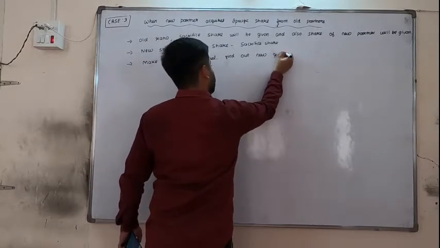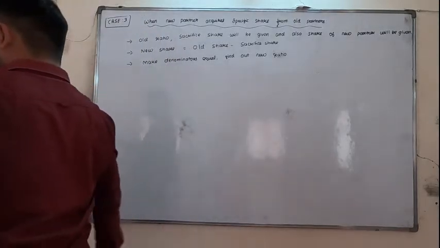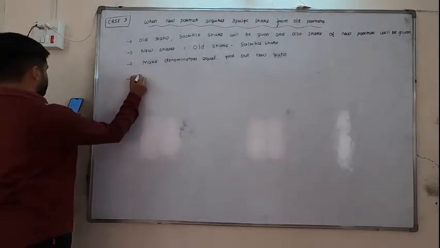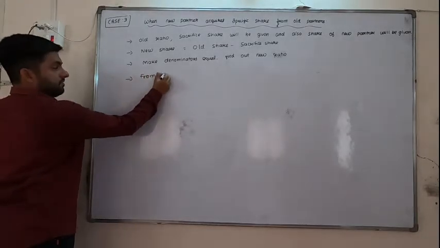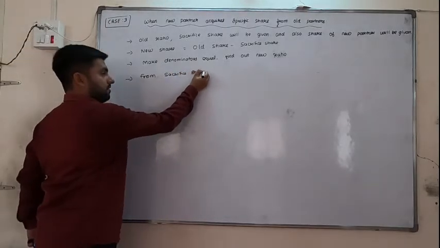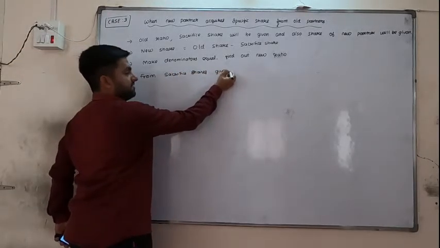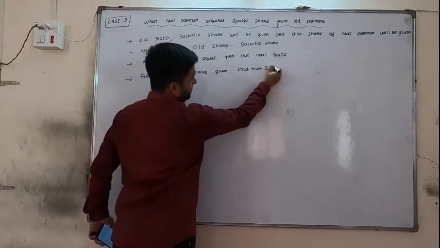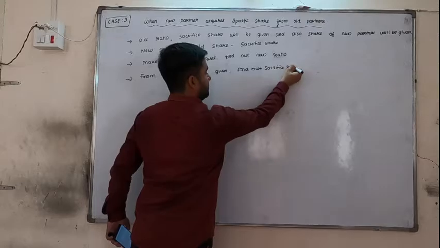And find out new ratio. Make denominators equal, find out new ratio. From the sacrifice shares given, find out the sacrifice ratio.